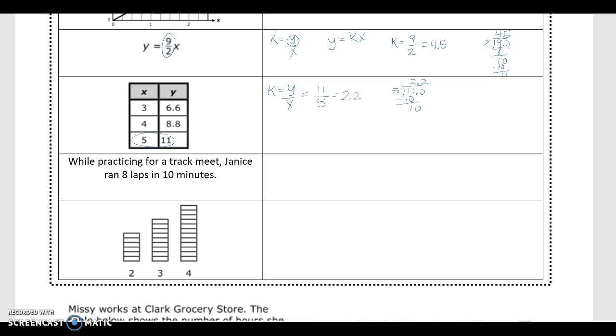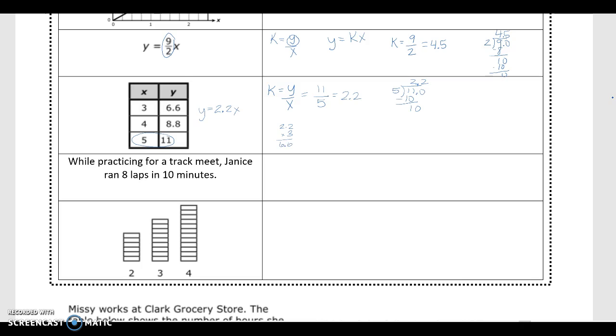So what if I wanted to verify? And let's say I'm not that great at dividing, so I want to multiply. If my equation is y equals my k, 2.2, x, that means I just take my x value and multiply it times 2.2. So if I did x times 3, 2.2 times 3, I get 6.6.